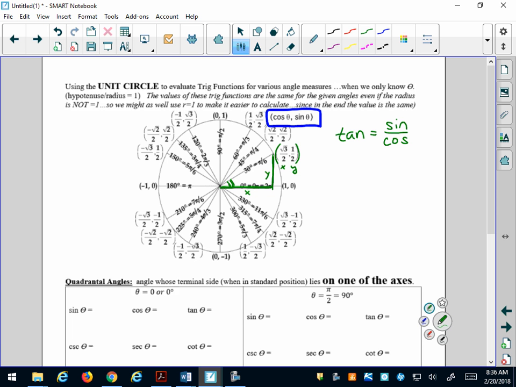So you could say, let's say that was at 5 or whatever, and it would just be 1 over. Sine is 1/2 of this one, 30 degrees.